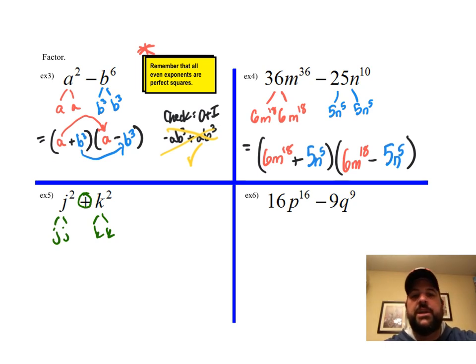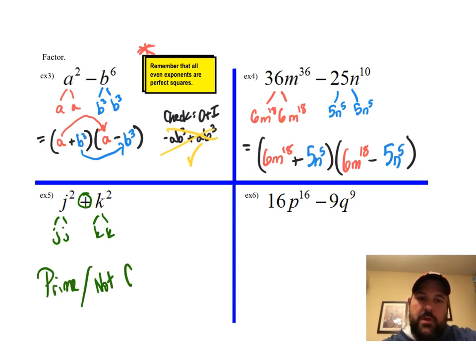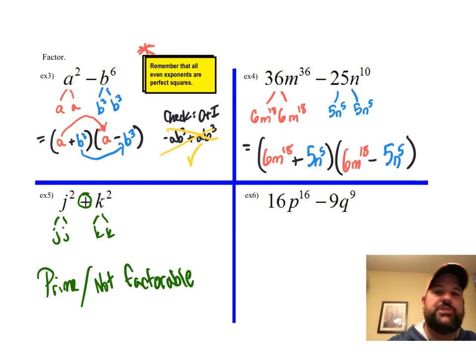So in this case, we would say that this is either prime or not factorable, because there is no way that we could multiply j plus k times j plus k or j minus k times j minus k and end up with the middle term canceling out. So in the case of number 5, anytime I see two perfect squares and a plus sign, I should know not factorable.